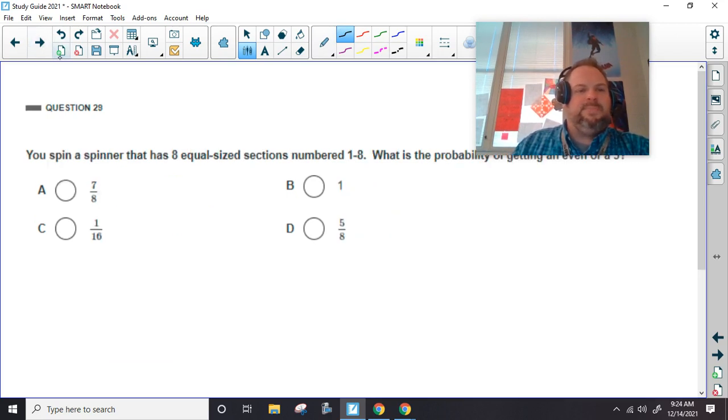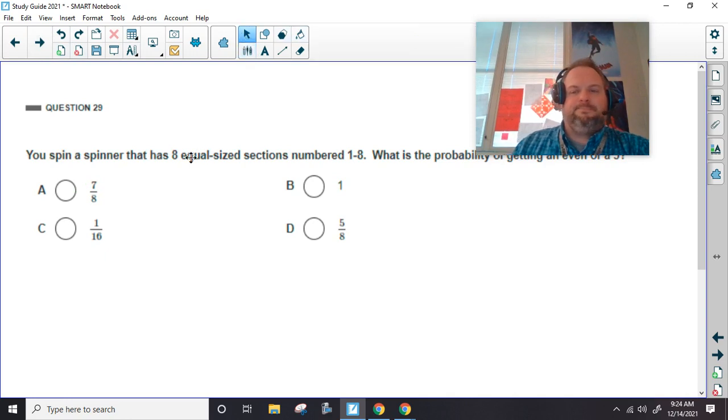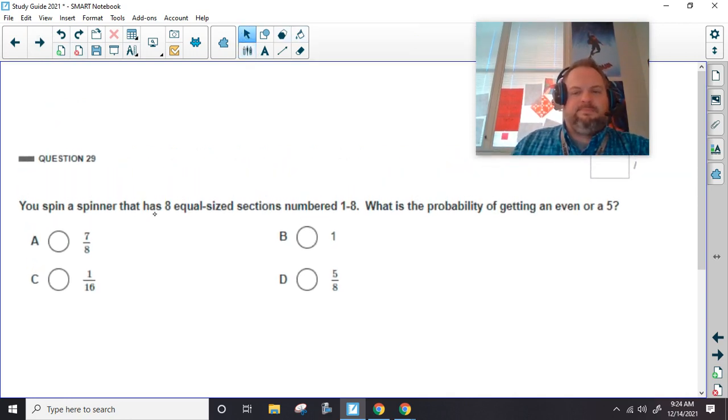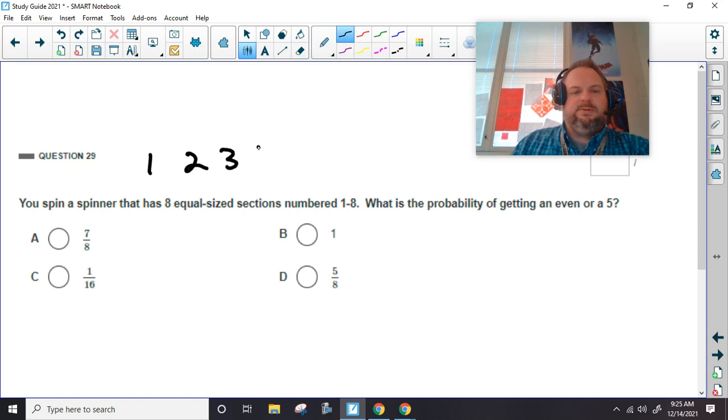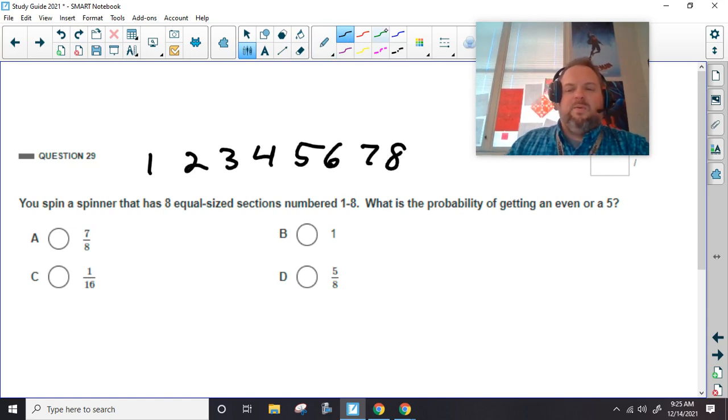All right, 29. So we have 8 equal number signs. So 1, 2, 3, 4, 5, 6, 7, 8. What's the possibility of getting it even? So what are my even numbers? 2, 4, 6, 8.